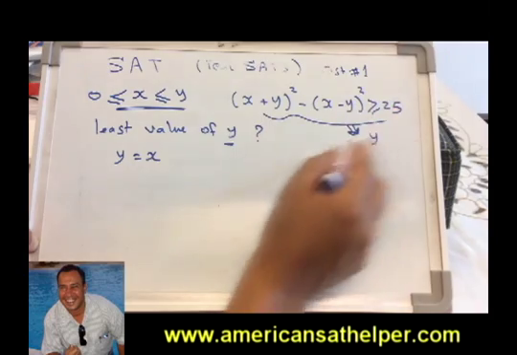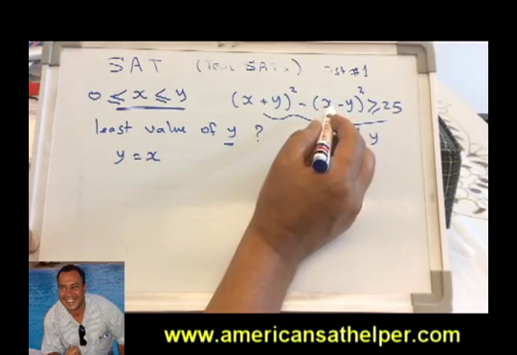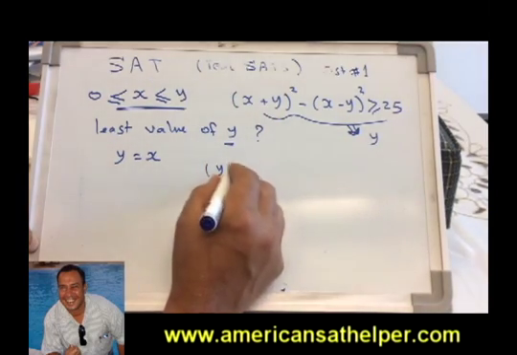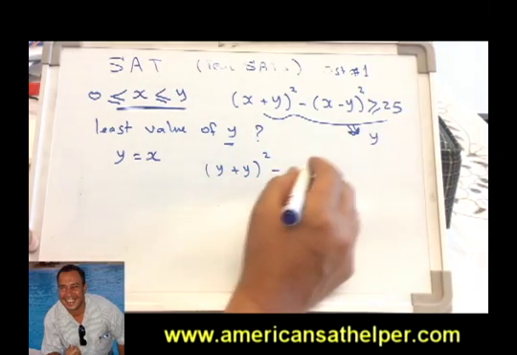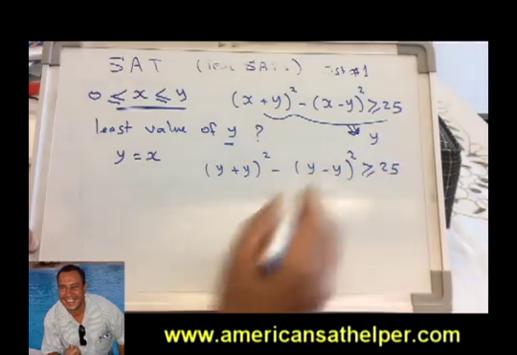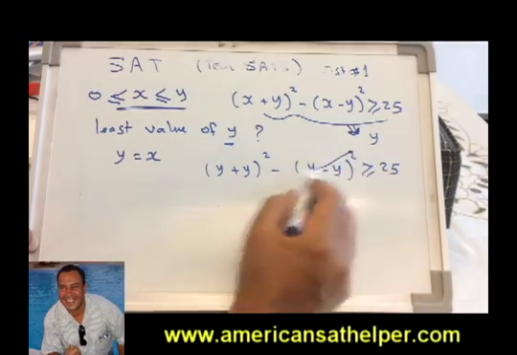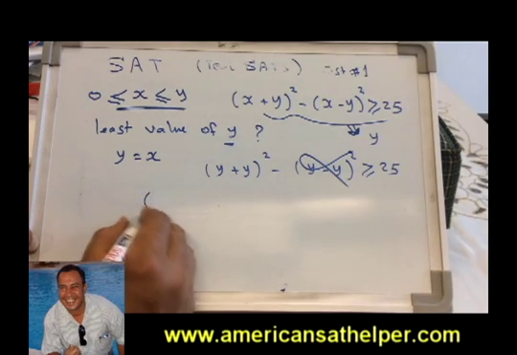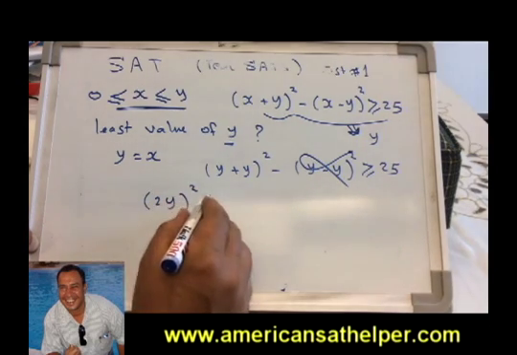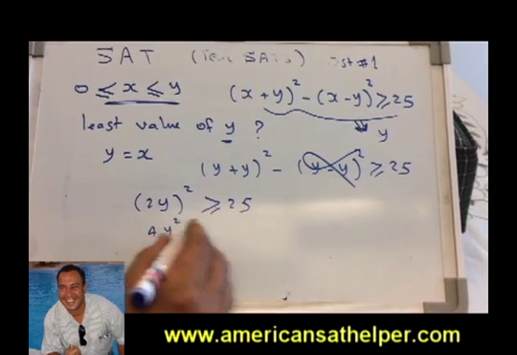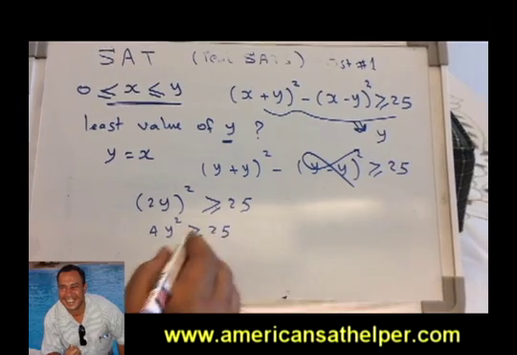So you can change this inequality by replacing x by y. This means (y plus y) all squared minus (y minus y) all squared greater than or equal to 25. y minus y is 0 squared. This term will be equal to 0. The rest will be (2y) all squared greater than or equal to 25. This means 4y squared greater than or equal to 25.